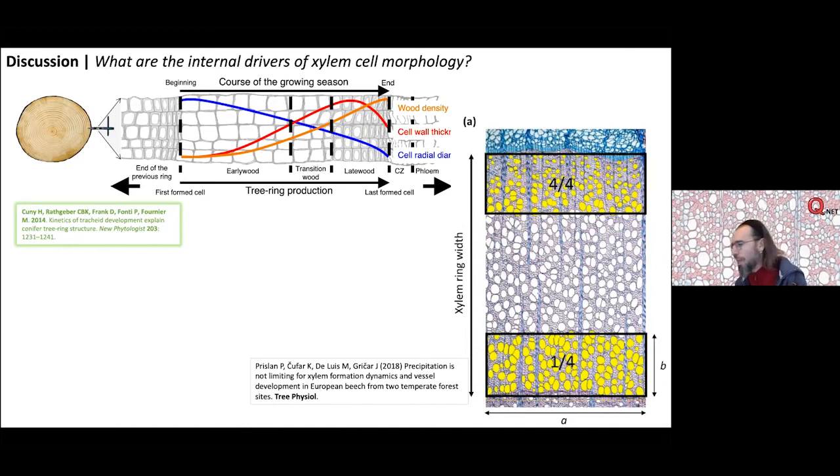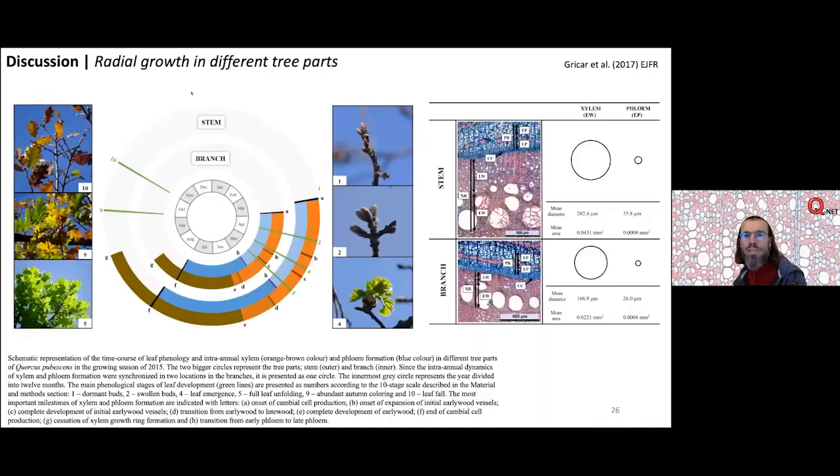And finally, I will just move to one last slide about the relationship between the growth in the different parts of the trees, and also between leaves, roots, and stem, because this is also a huge avenue of research. And there is work on this, but not so much, and we need more, even if it is very time consuming.